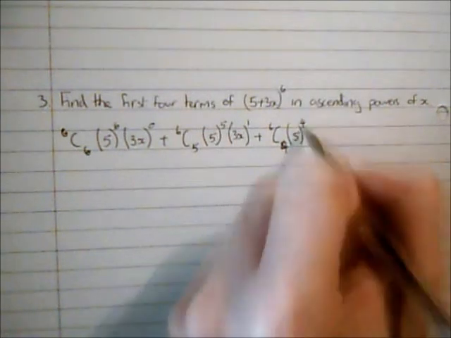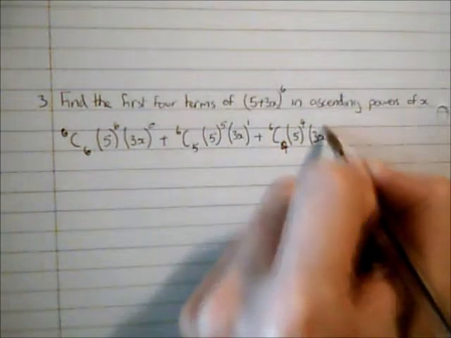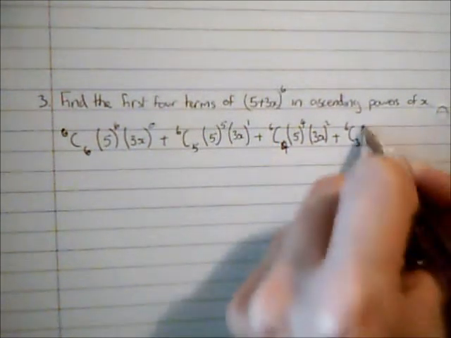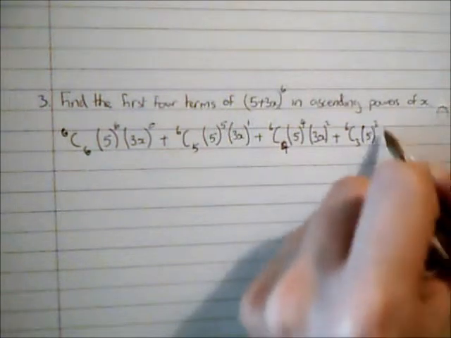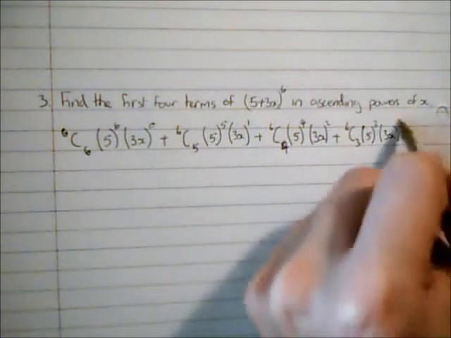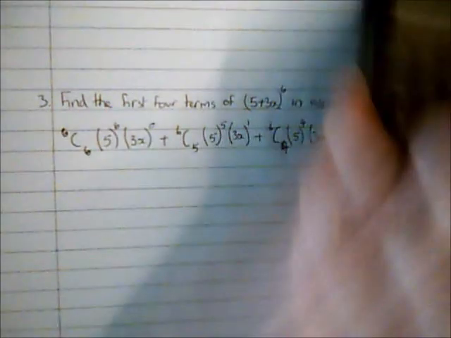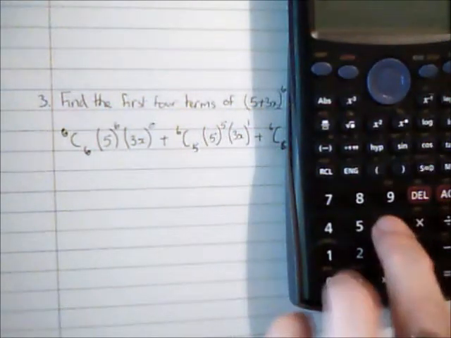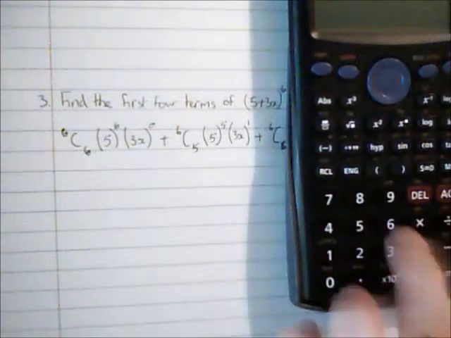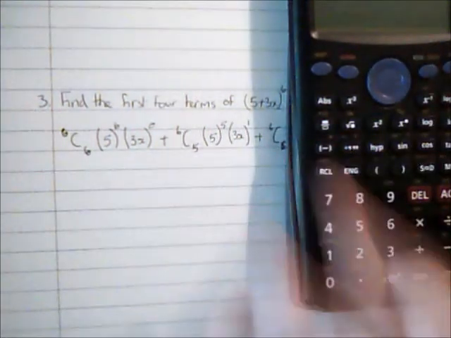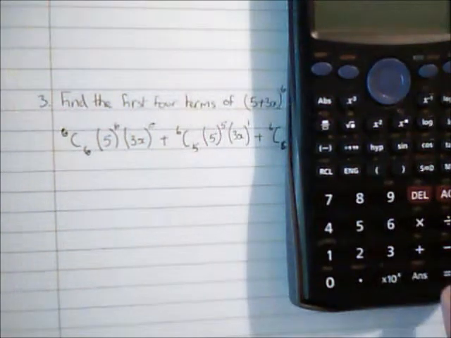Or I can select it 4 times and the 3x twice, and finally I can select the 5 three times and the 3x three times. And now I can use my calculator to evaluate each term. So 6C6 multiplied by 5 to the power of 6. Now 3x to the power of 0 is just 1.